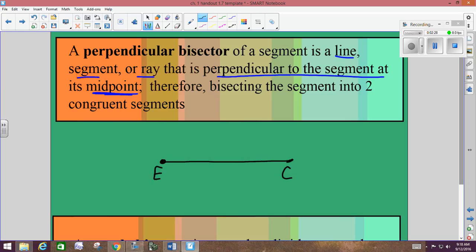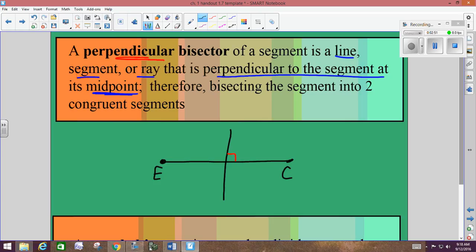Here's segment EC. If I want to draw in the perpendicular bisector of that, what does it mean if it's going to be perpendicular? Make a 90-degree angle. So then I would have to mark that as a right angle. Perpendicular, you always want to put a right angle in there. What does bisect mean? Cut into two equal parts.